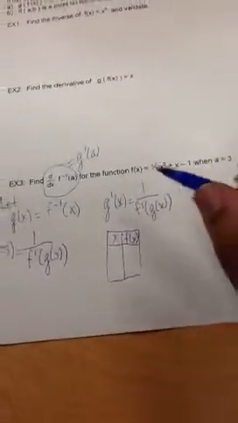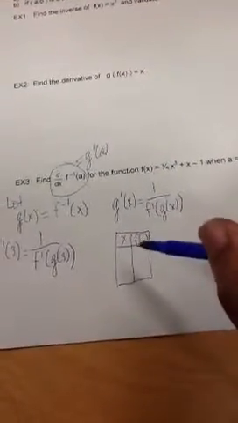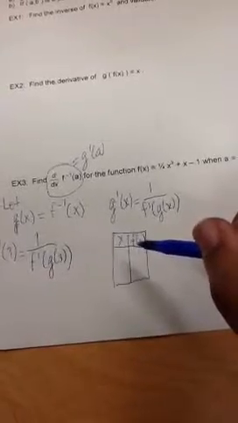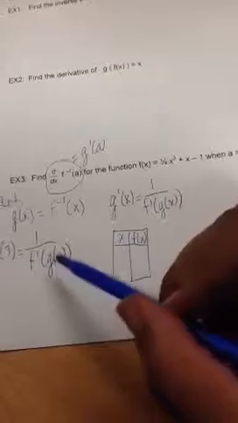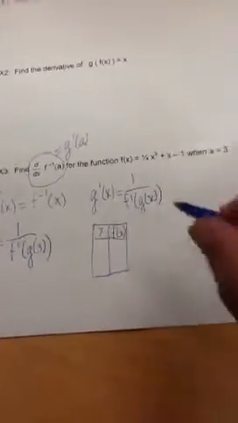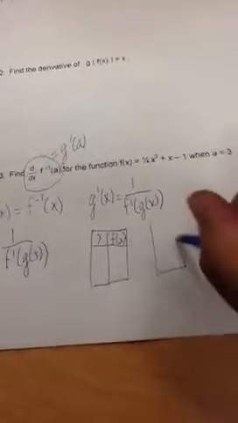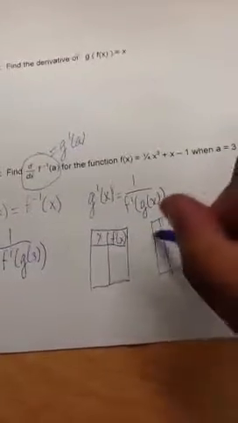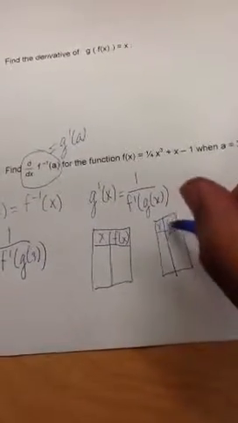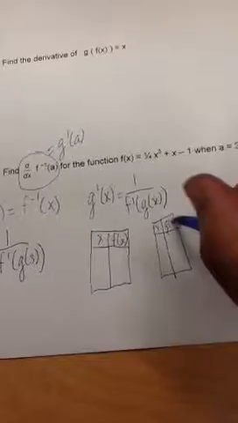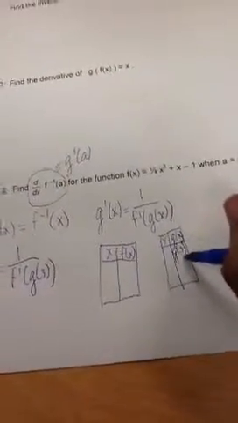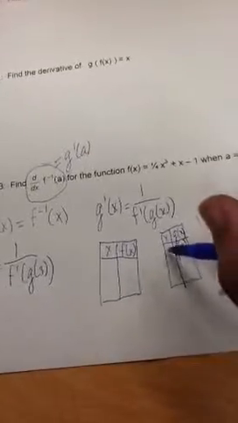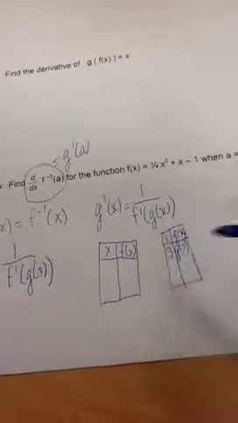So right now, I know that g of 3 is the output of the inverse. So if I look at the table representing the inverse function, I know g of 3 represents the output of the function when x is 3.